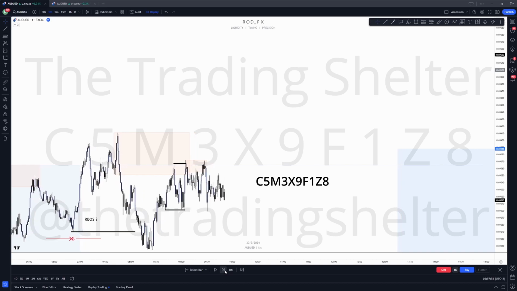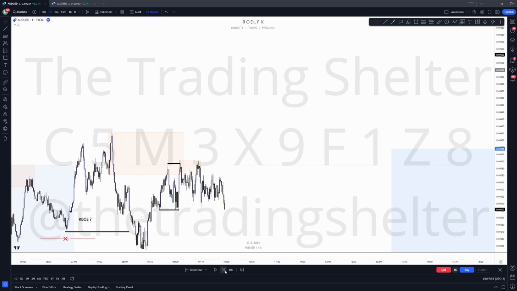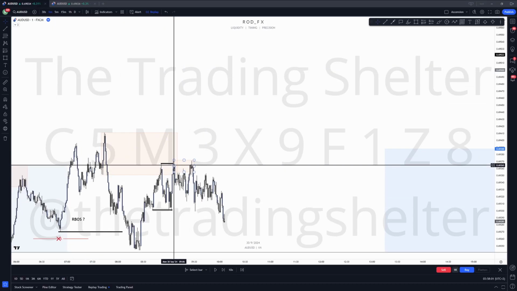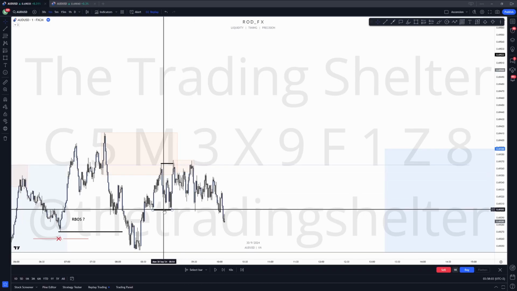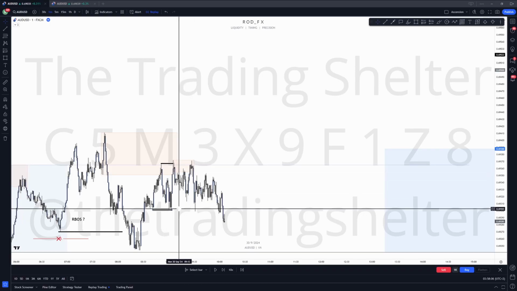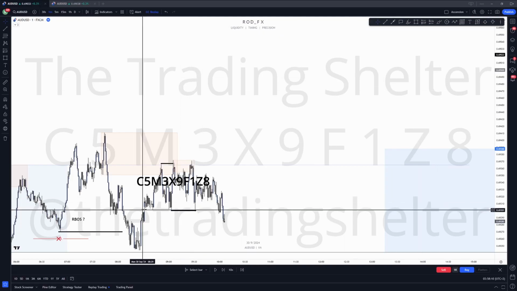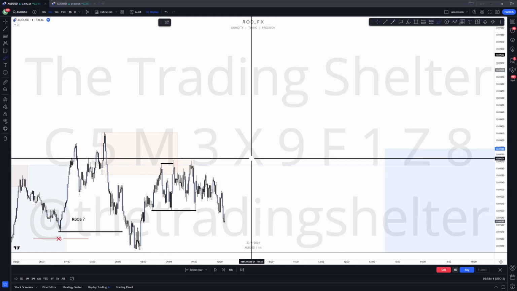See? Or one baby, come on. Yes, sir. Here we go. See? So it's an inducement POI equal, right? Now we have also equal lows, but since these are all juicy equal lows, but this point, and this is really advanced stuff, but I heard some people complaining, so let's talk about it.